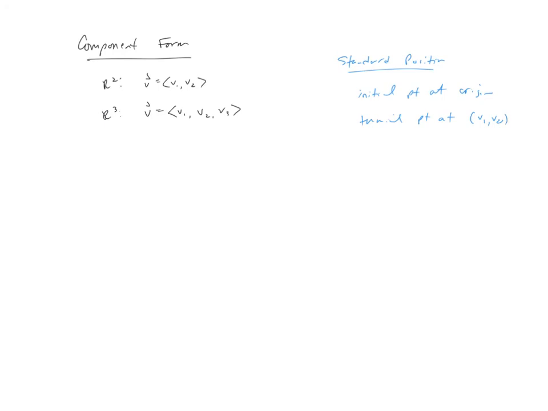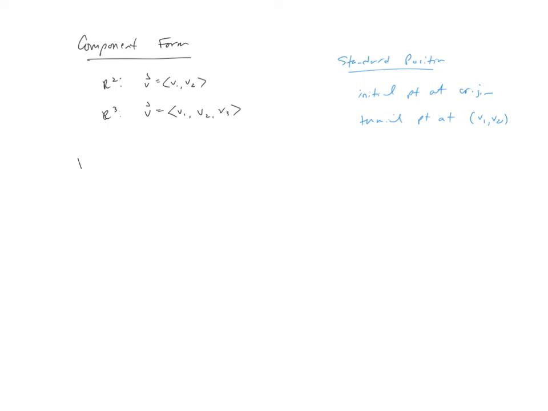So notice the difference in notation here. Again, these are not points because you can see the notation represents vectors, but I've transitioned now to a terminal point V1, V2. Okay? Now, let's talk a little bit about how the algebra works here, and then we'll actually get into taking a look at this a little bit more visually.